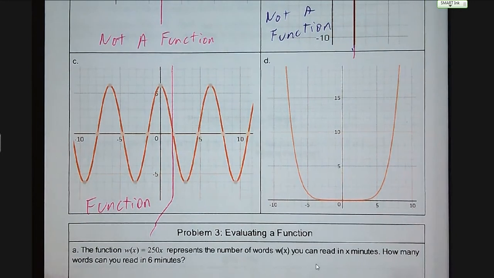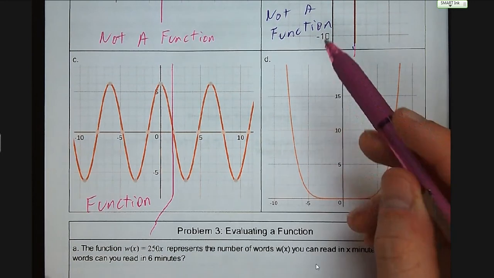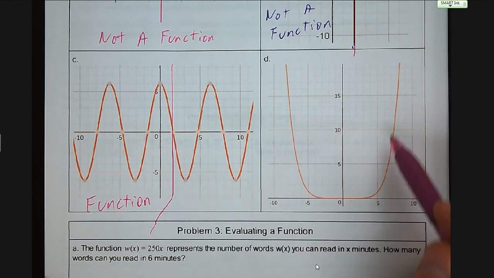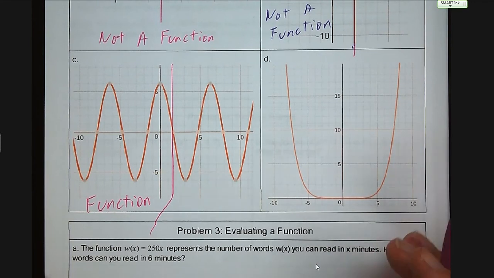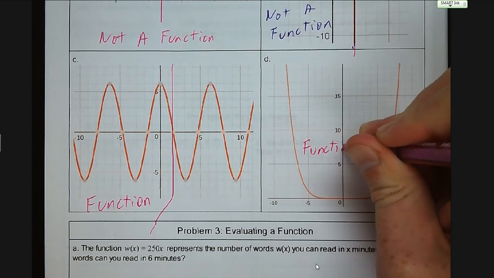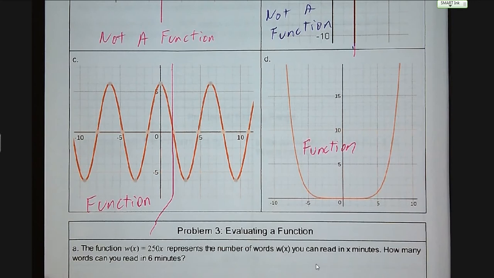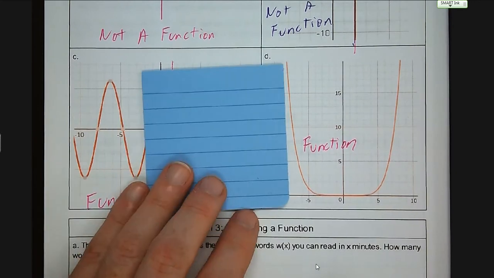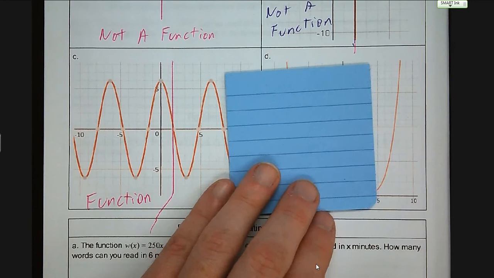And letter D, this is going to be a graph of x to the 4th power, so it's more of a broader U shape than the parabola, so that is a function. If you look at a vertical line, we are only going to be crossing at 1 point.